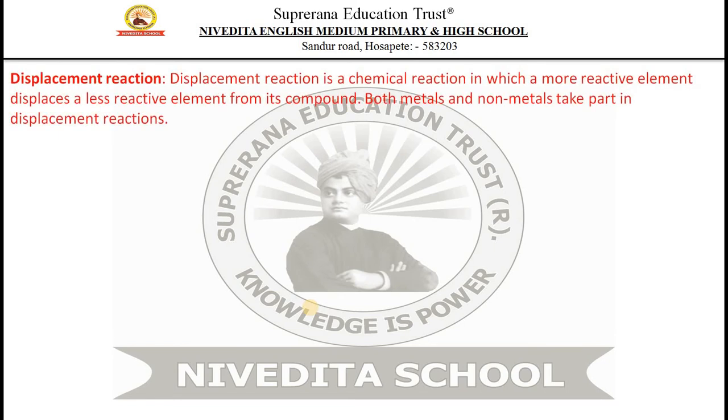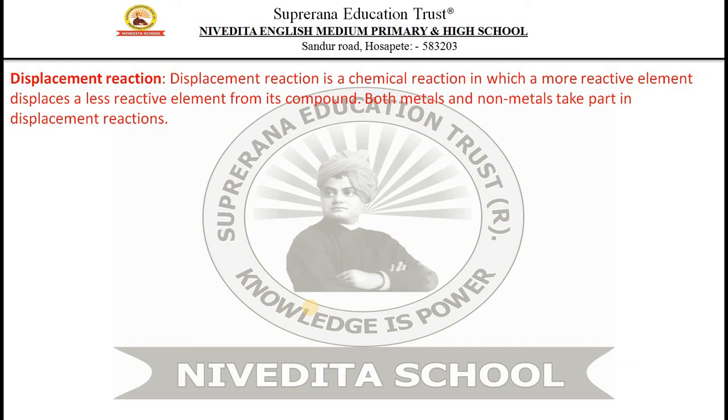The third type of reaction is a displacement reaction. We discussed a very small example in the beginning, the types of changes that take place in a chemical reaction, such as change in color.